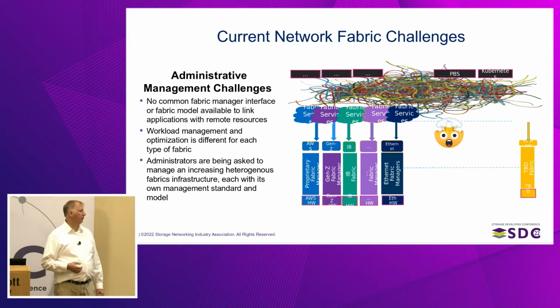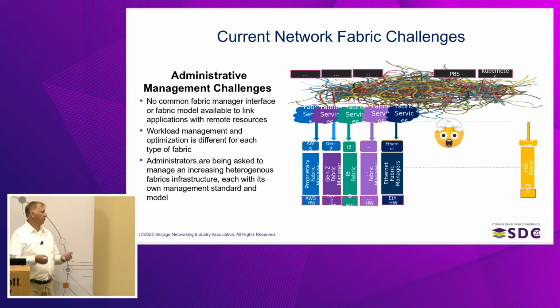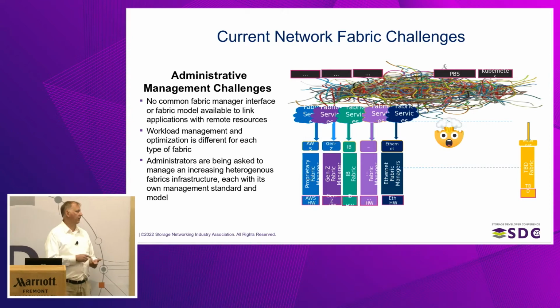So we're trying to make everything unified. It'll make it simpler, and it'll add multiple things like aggregation. You can aggregate multiple fabrics together. You can do quality of service using different fabrics and fabric components. In the end, you can also link up resources to clients.